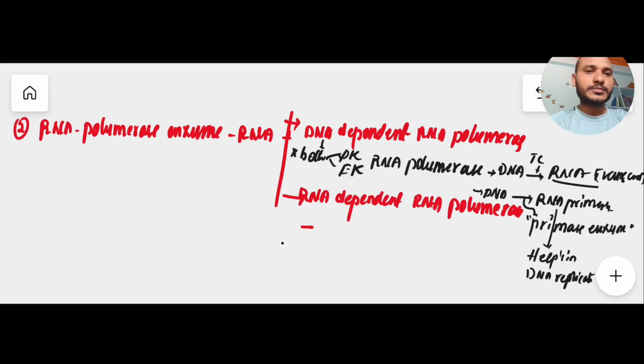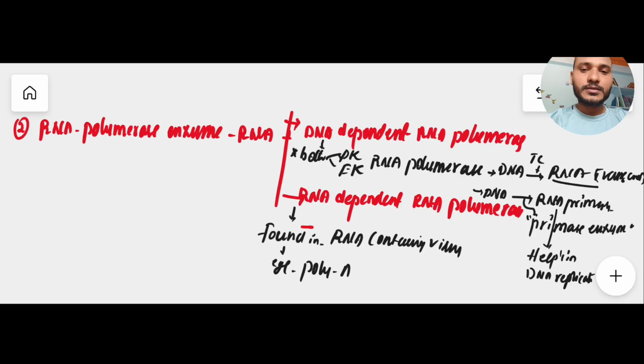Now coming to RNA dependent RNA polymerase enzyme. These enzymes are generally found in RNA containing viruses. Example, poly A polymerase enzyme.